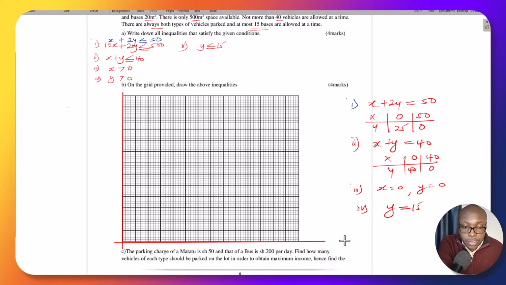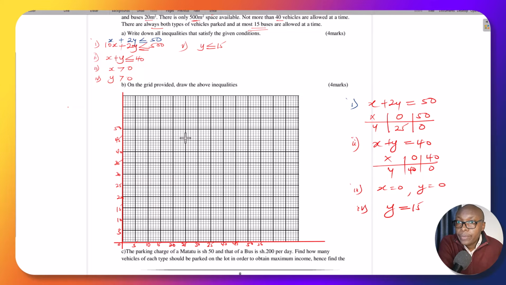So 1 centimeter represents 5, so I have 5 there, then 10, 15, 20, 25, 30, 35, 40, 45, 50, and 55.